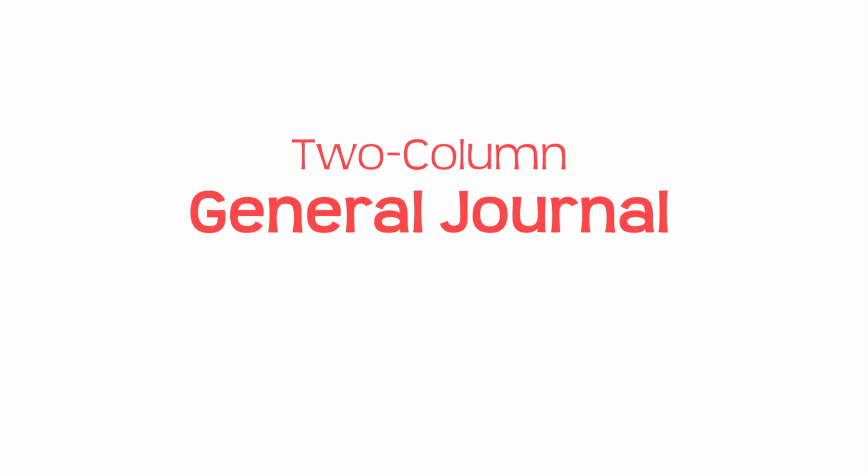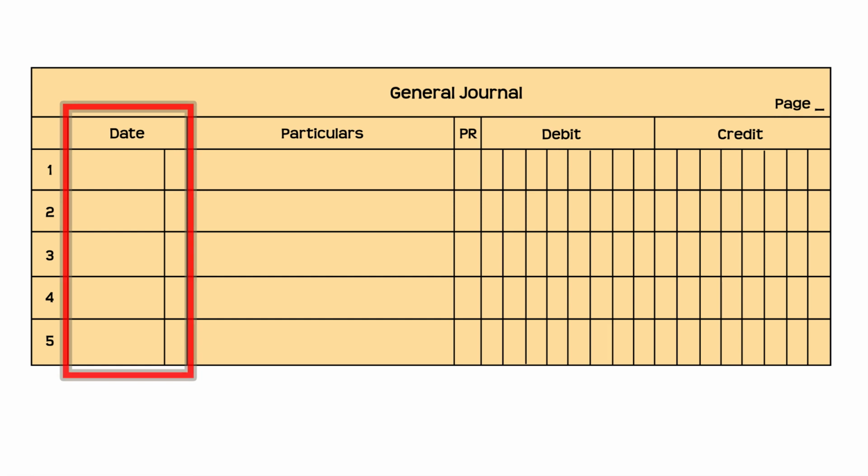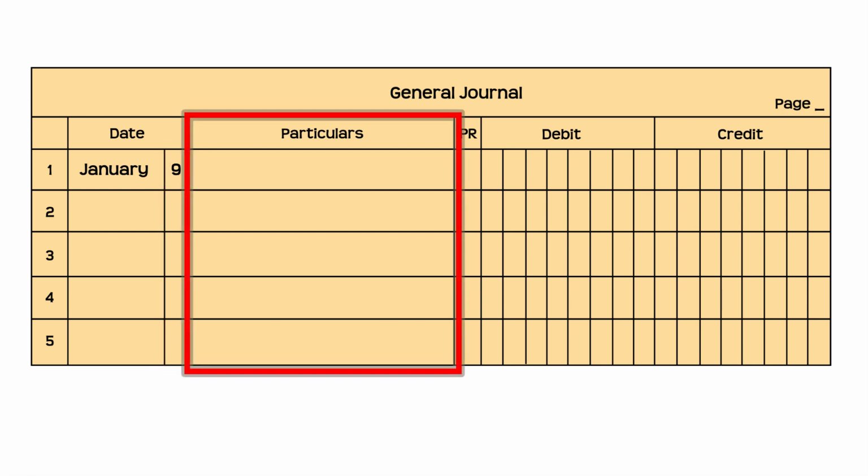A 2-column general journal looks like this. It contains the date in which the transaction occurs. The month is written in the first column of the date, together with the day on the second column. The next one is the particulars column. In this column, accounts affected by each transaction are written here.